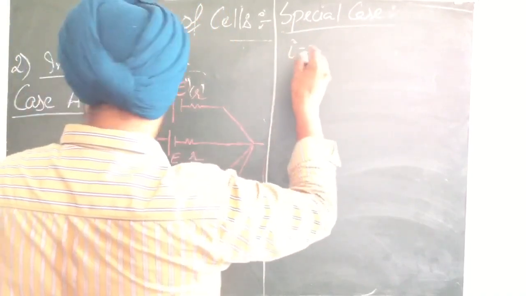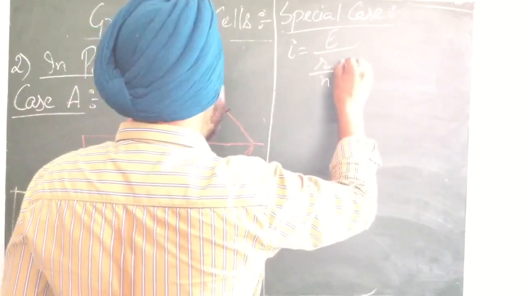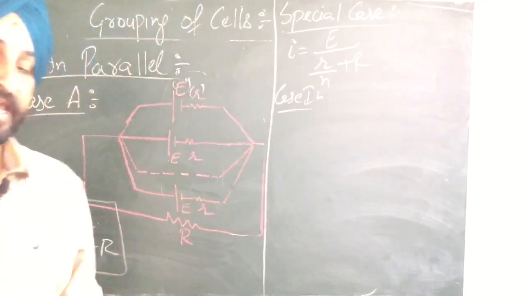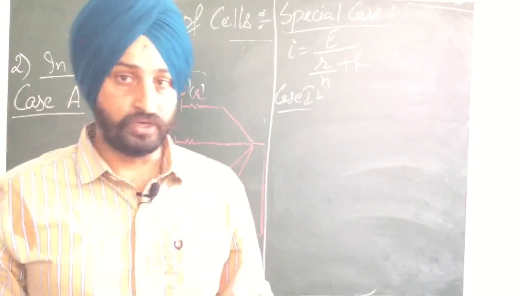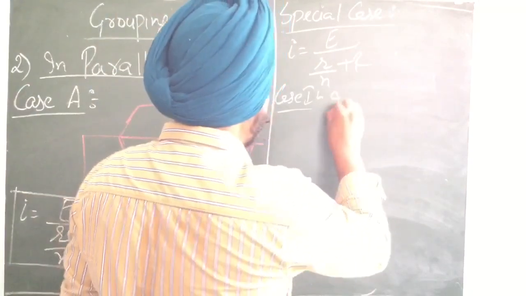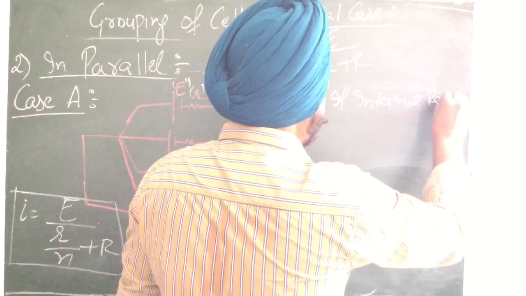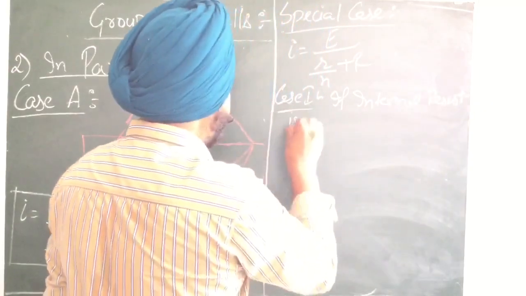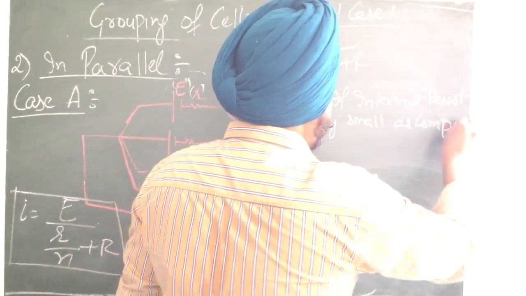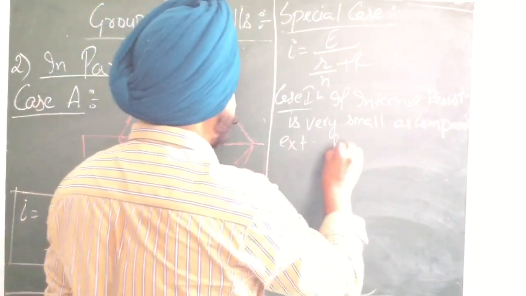Our formula for current is I is equal to E by R over n plus R. So our case 1 would be if internal resistance is very small as compared to external resistance.